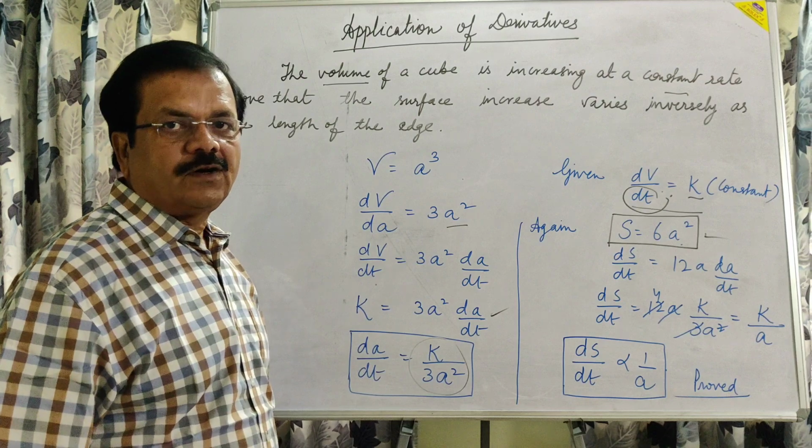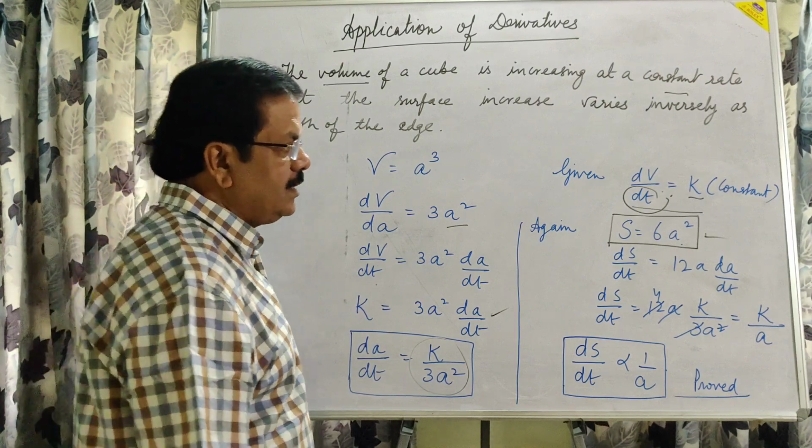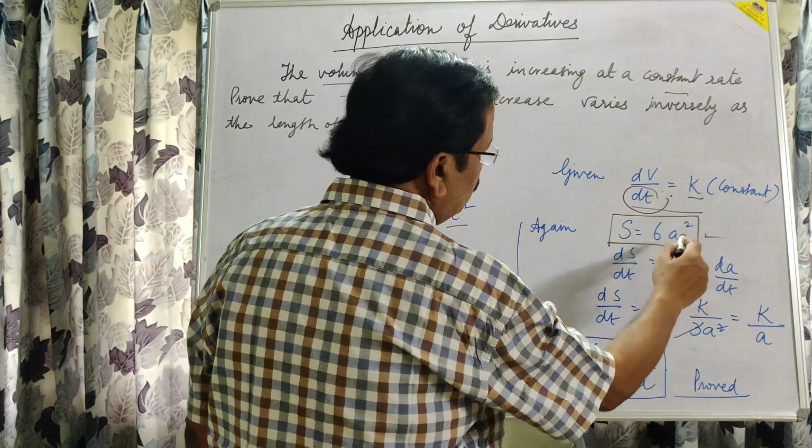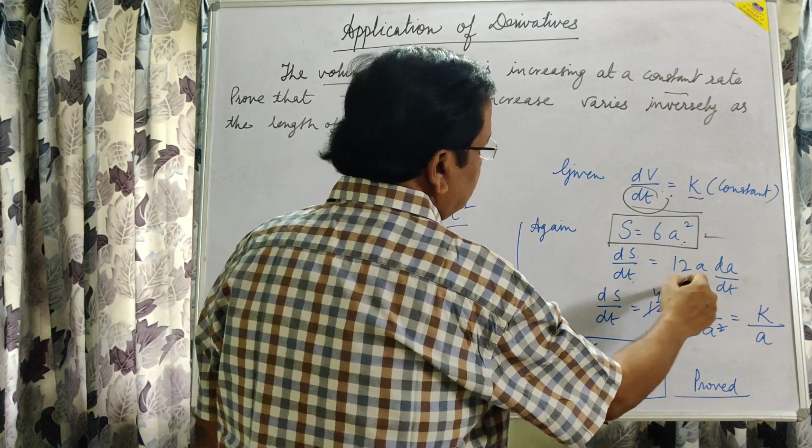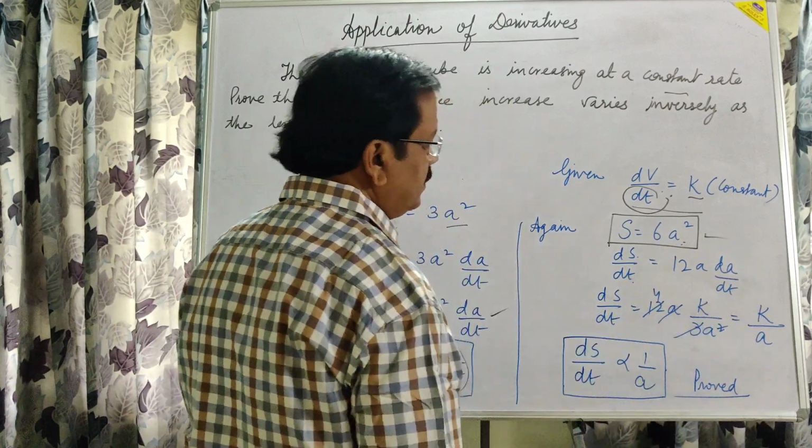Then writing the formula of surface area of the cube, we know that S is 6a square, where a is the side of the cube, dS/dt is equal to 12a da/dt.